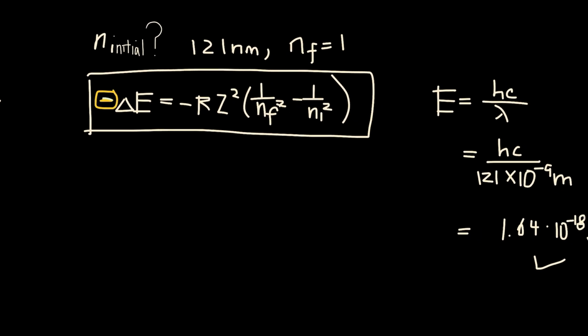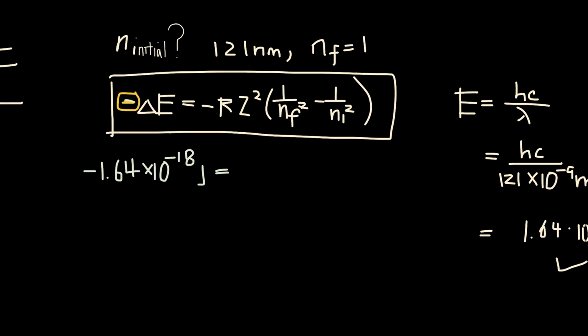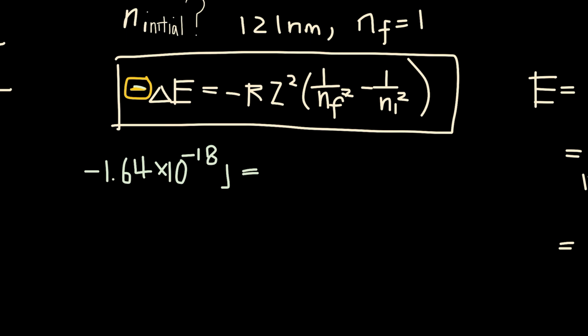Very sad. All right, so we're going to put in our algebra here. Our energy, as we have it, is negative 1.64 times 10 to the negative 18 joules. Our R value, since we're isolating for this, I'll just put beneath here, which is 2.179 times 10 to the negative 18 joules.